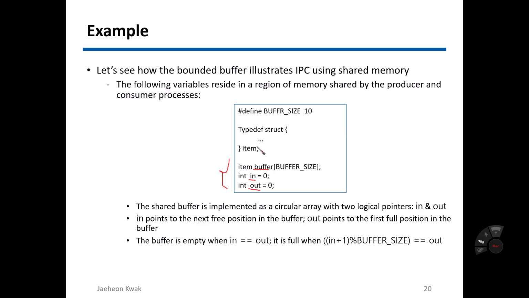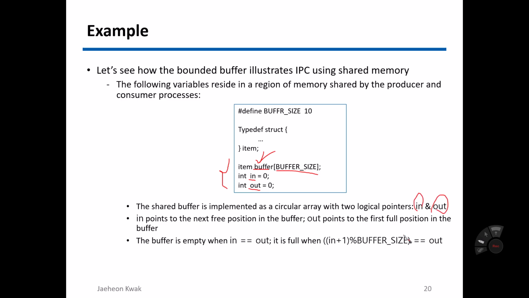Then we can save as many items as the buffer size in the buffer. This shared buffer is implemented as a circular array, or circular queue, with two logical pointers, in and out.